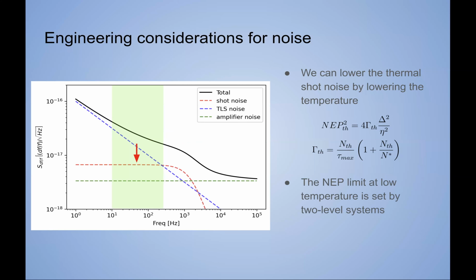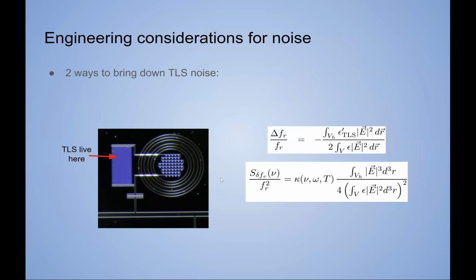So in practical KID design, the NEP limit is actually set by these two-level systems at the frequencies we're looking at. There are two ways to bring this down. The first is to understand that the two-level systems live in a surface layer.